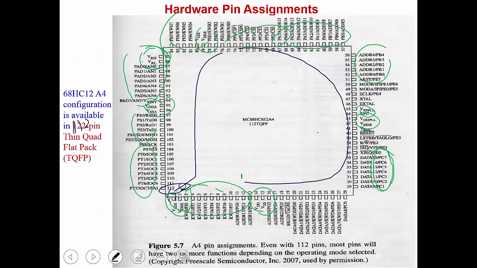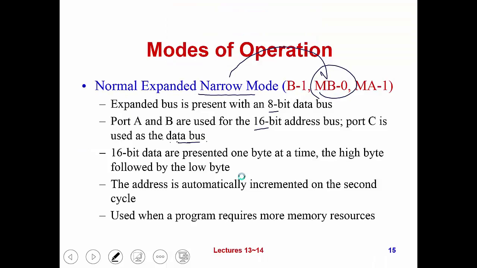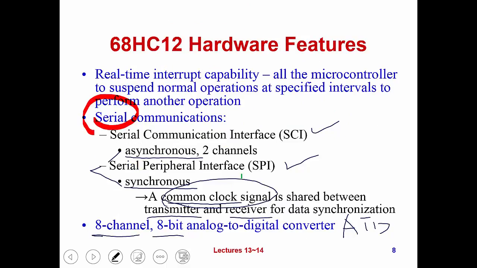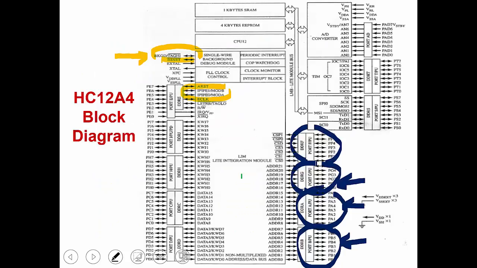PT0 is right here. If you go back to our block diagram, where's port T? We can see port D right here, port H, port J, port E, here we go.